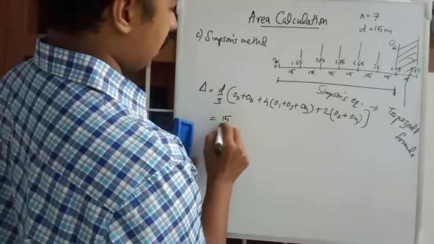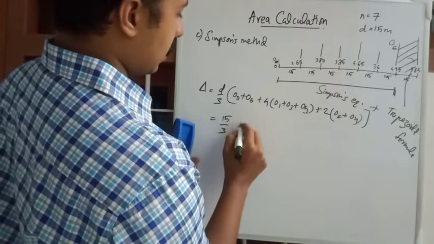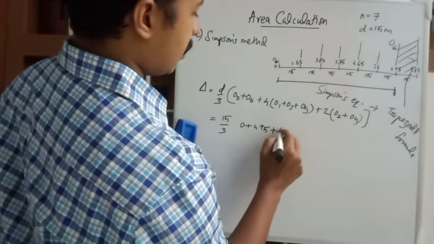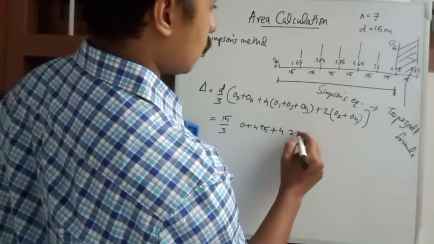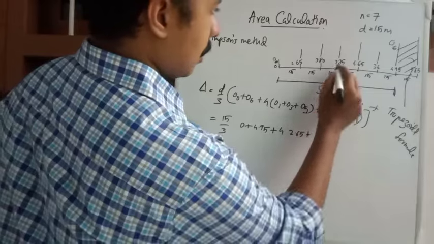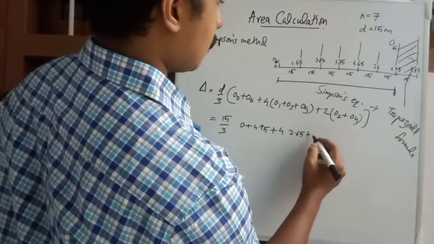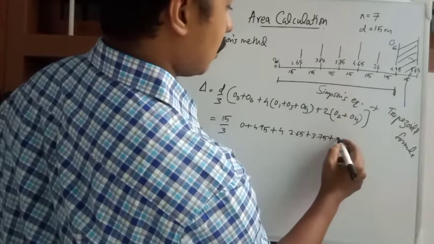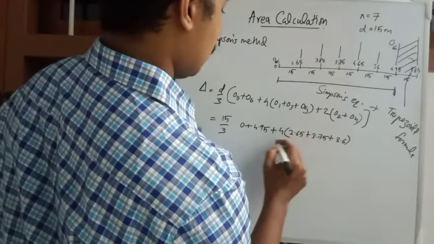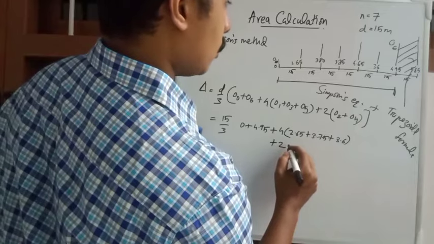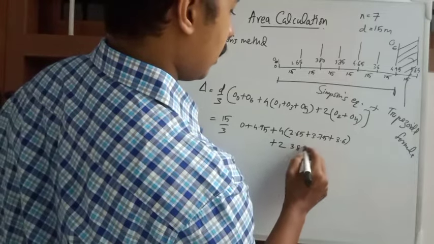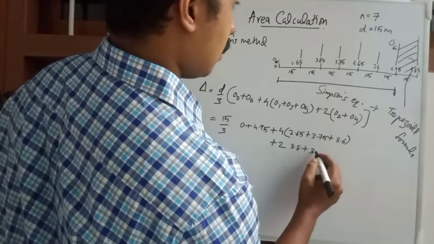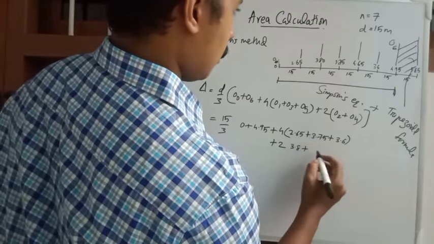Substitute the values: 15 by 3 into O0 is 0, O6 is 4.95, plus 4 into O1 is 2.65 plus O3 is 3.75 plus O5 is 3.6, plus 2 into O2 is 3.8 plus O4 is 4.65.